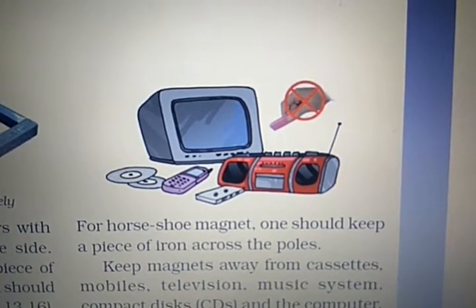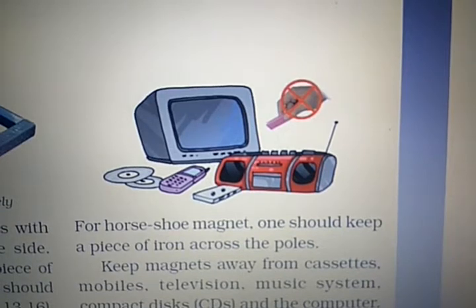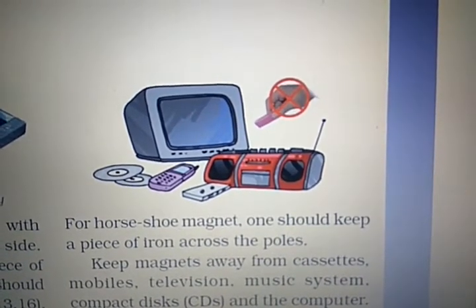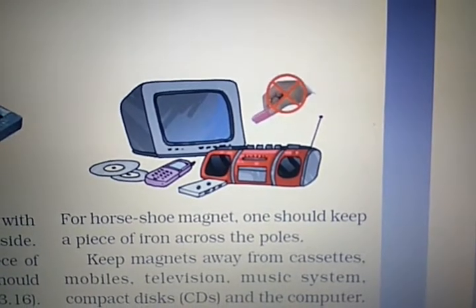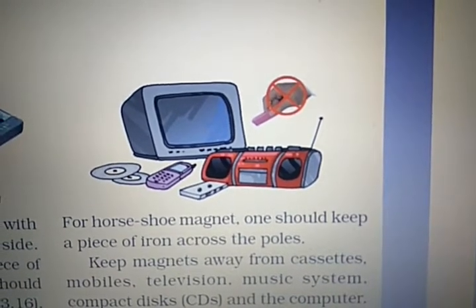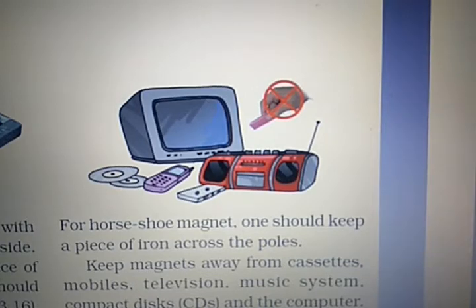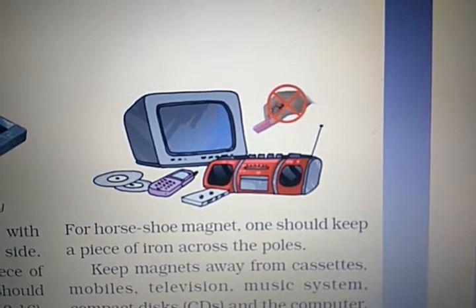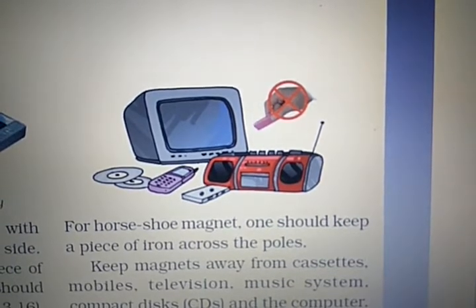So you have to move all these magnetic devices away from the magnet, correct? When you keep a pen drive with the magnet for a long time, whatever data is stored in the pen drive may be lost, correct?